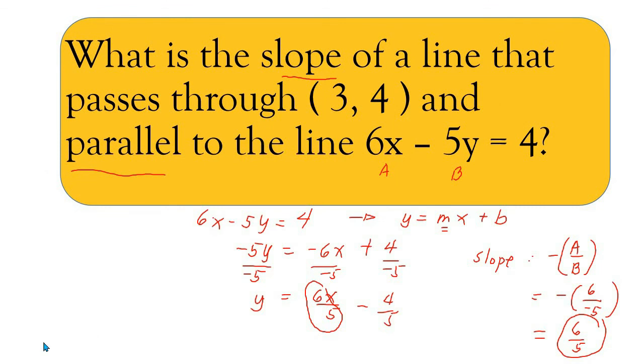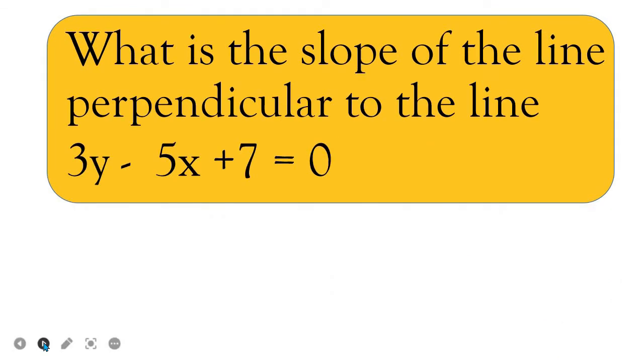For our last question, what is the slope of the line perpendicular to the line 3y minus 5x plus 7 is equal to 0? So, in this problem, there are two lines involved again here, but they are perpendicular to each other. When the lines are perpendicular to each other, take note that the slopes of perpendicular lines are negative reciprocals of each other.